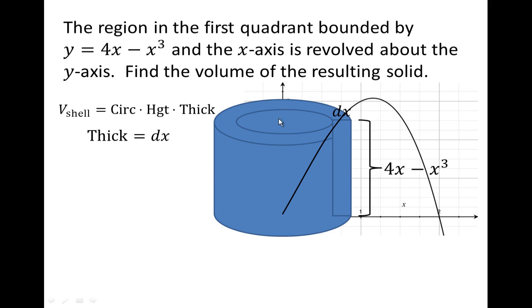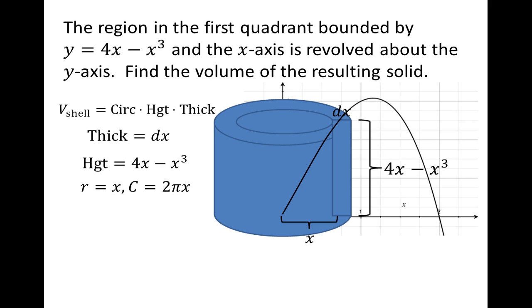The last thing we need is the circumference, and the formula for circumference is 2 pi times the radius, so I need to figure out what the radius is. There's my height. The radius is the distance from the axis to where we intersect the curve, which is just the x value. So the radius in this case is x, and the circumference will be 2 pi times x.